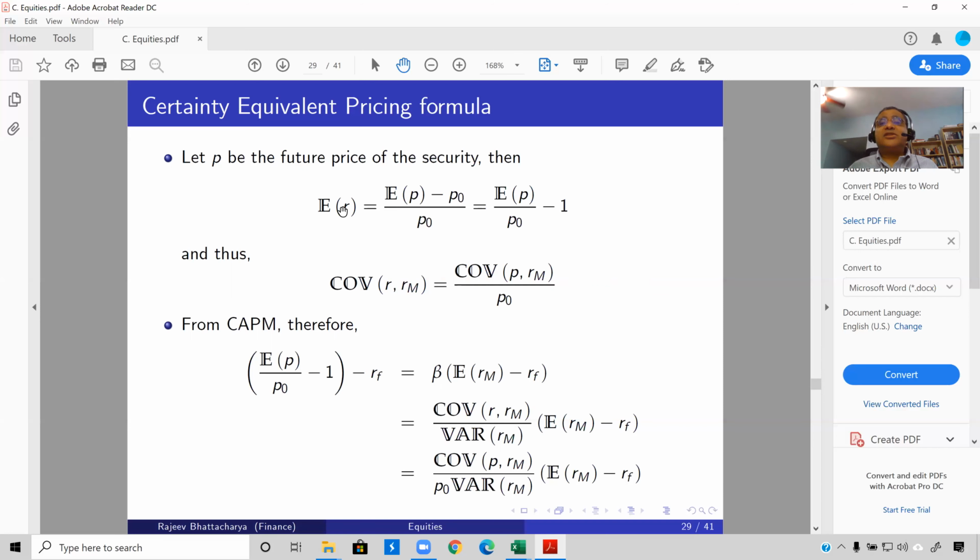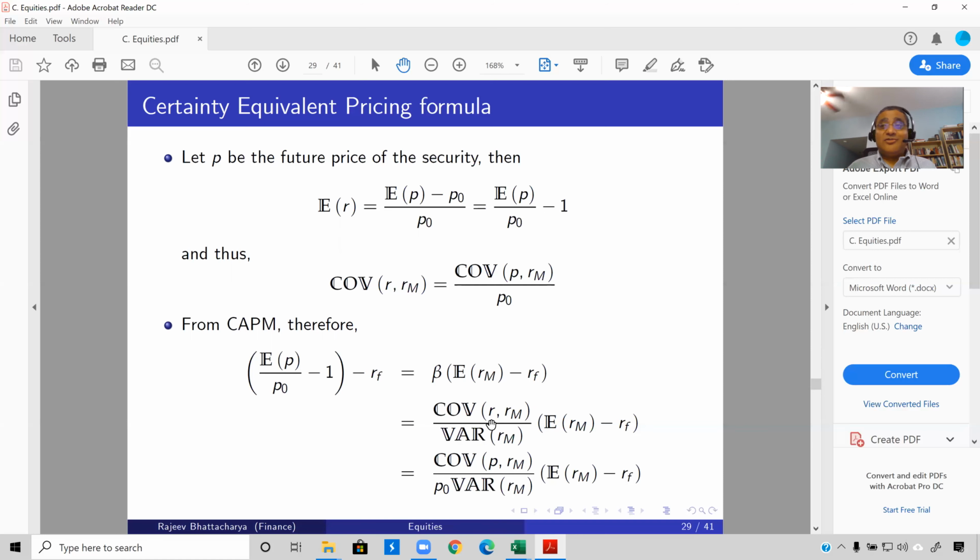Now you take the covariance of this expression, and it turns out to be equal to the covariance of future price P with the market return divided by the current observed price P naught. However, from the CAPM, we know that this beta is estimated by the covariance of return with the market return divided by the variance of the market return.